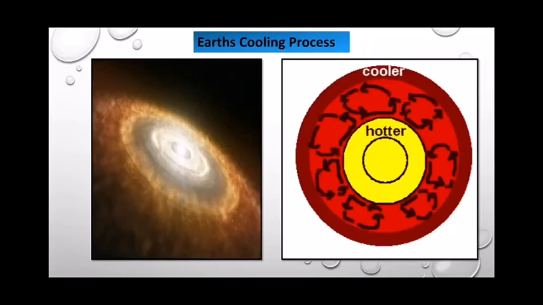As a result, the outer layer of the earth is cooler and in solid state. But as we move towards the interior, heat increases, and at certain depths, the earth is in liquid state.